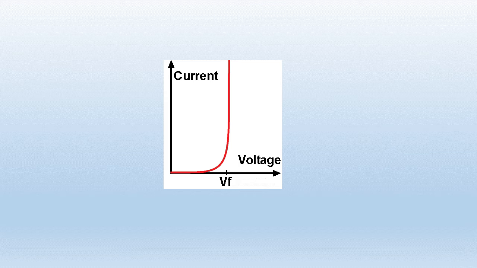If you increase the voltage further, it doesn't result in much extra current. And you can keep on increasing the voltage until you get to a point where you'd actually destroy the diode.